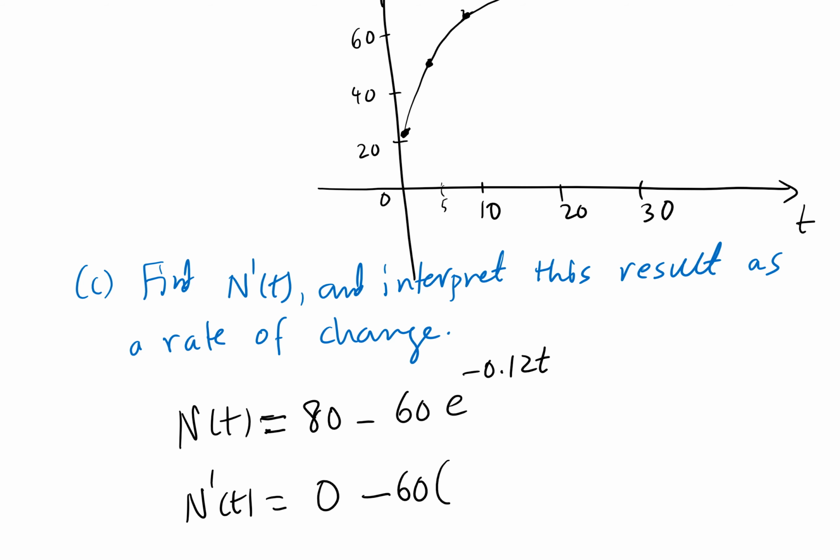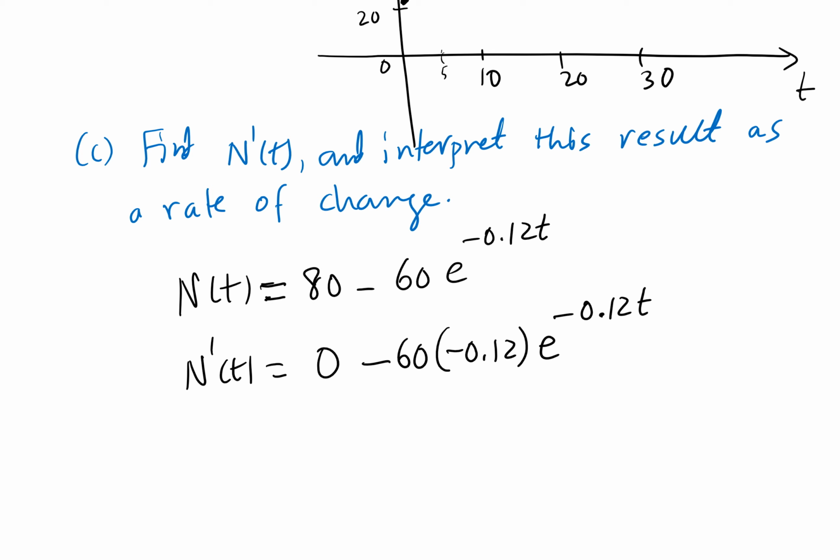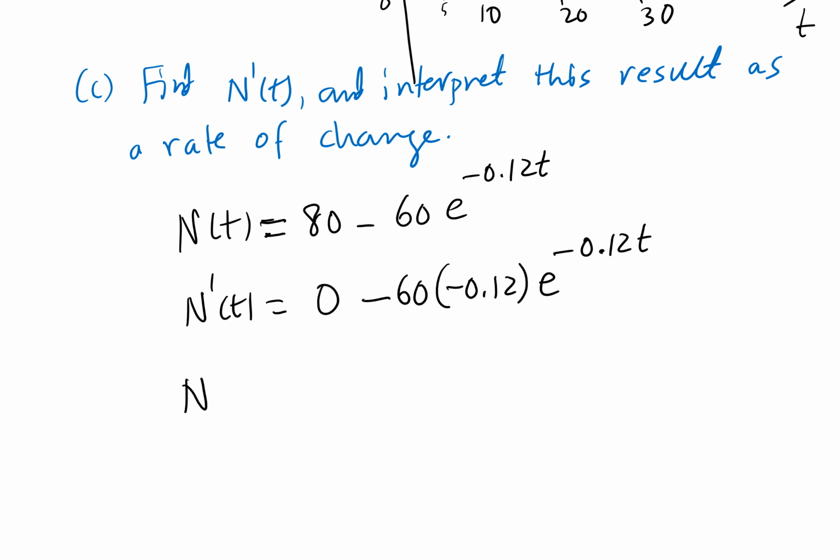You need to bring that number down, the derivative of the exponent times itself. N prime of t equals 7.2 e to the negative 0.12 t. That's the derivative for that.